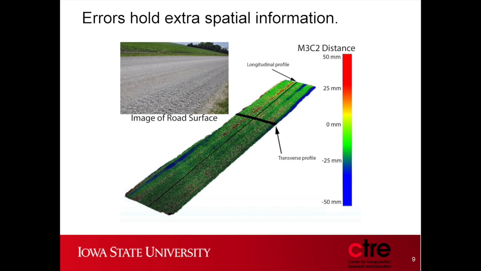Now, visualizing the errors itself is also advantageous. If you have two point clouds and you would like to see how they work, it would be really great to create a third point cloud of errors instead of just geometry. So in here, this is a point cloud of errors, actually, not actual geometry.